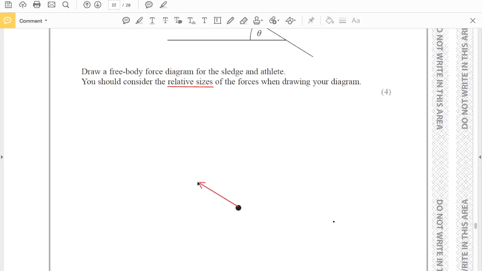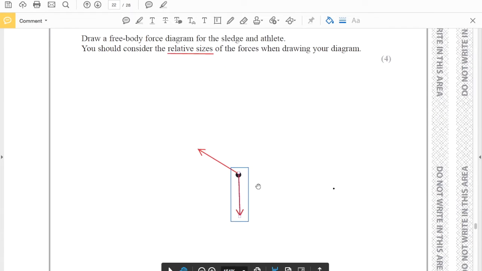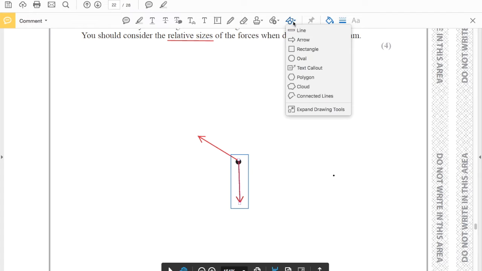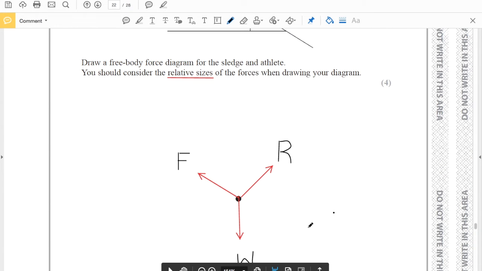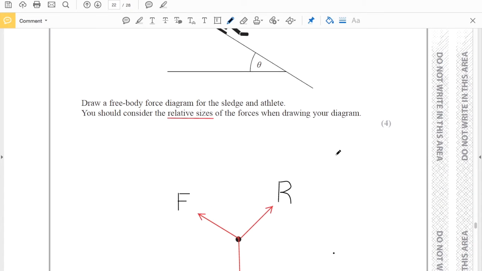You have the frictional force this way, the weight acting downwards, and the reaction force acting perpendicular to the surface. We have identified the 3 forces. For this, you will secure 2 marks out of the 4.